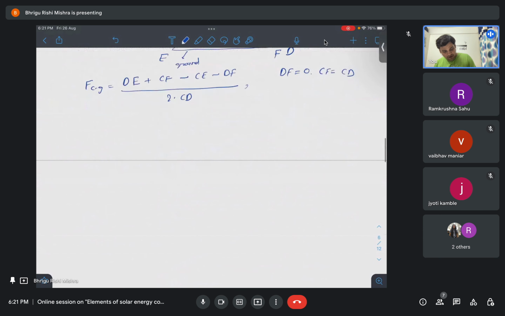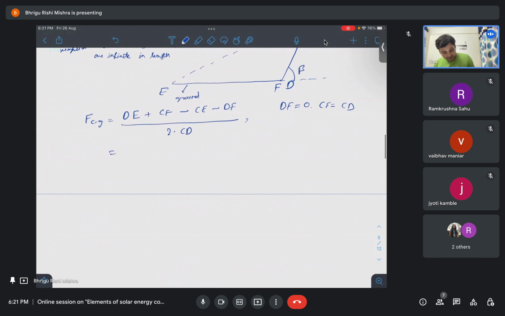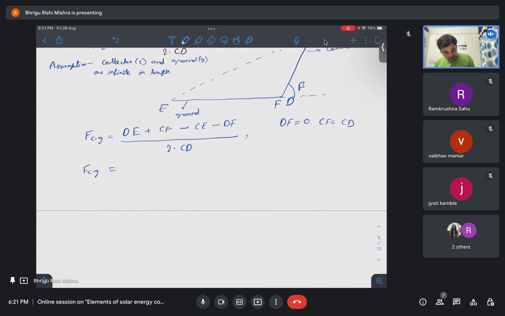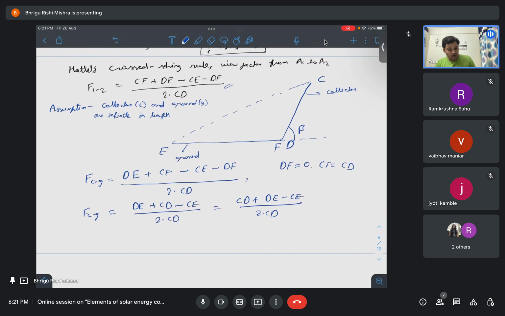So I can modify it like FCG is DE plus CD minus CE divided by 2 times CD. I can write it like this: CD plus DE minus CE by 2 times CD. Now we have to calculate this DE minus CE.